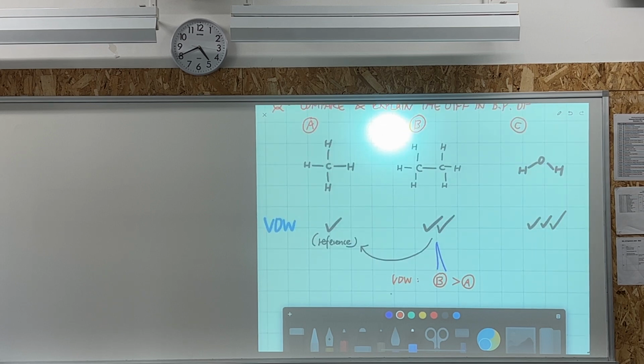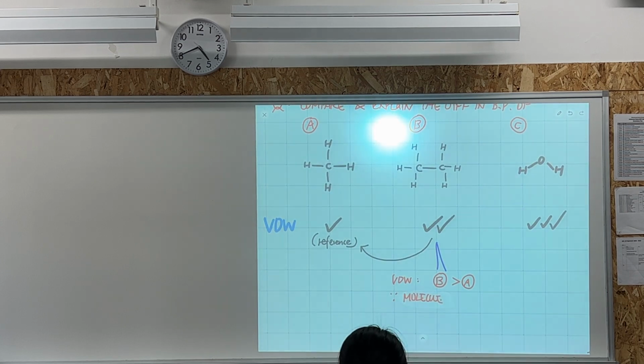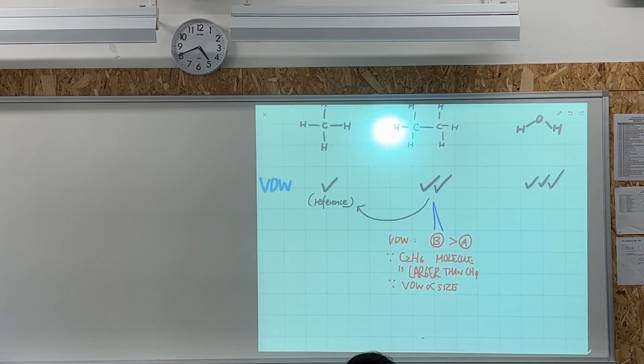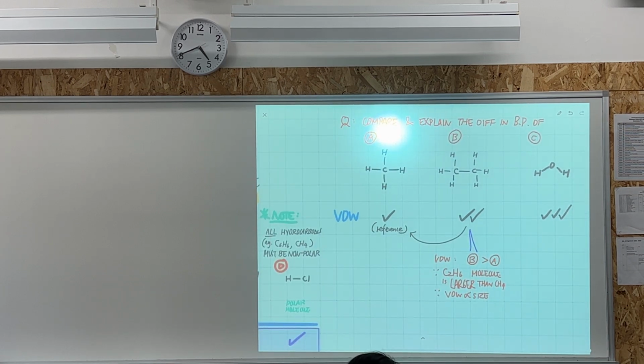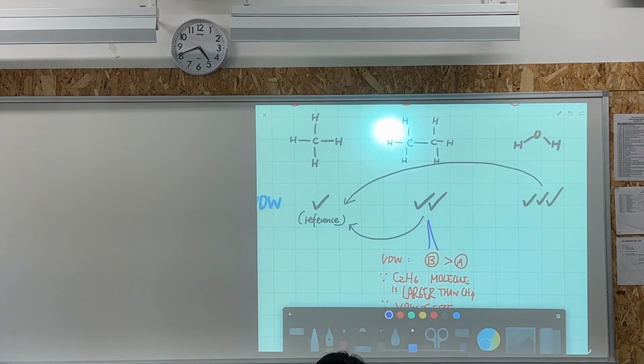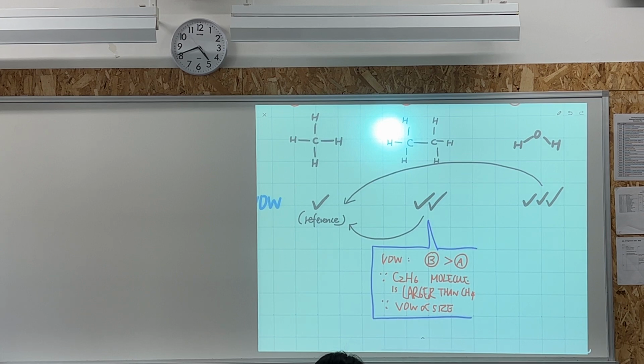That's because the second molecule in the middle, B, the C2H6 molecule, is larger than CH4, and because van der Waals force is related to size, the van der Waals force of B is stronger than A. What about C compared to A? Why would C have an even stronger van der Waals force than A? Because of it being polar, right?